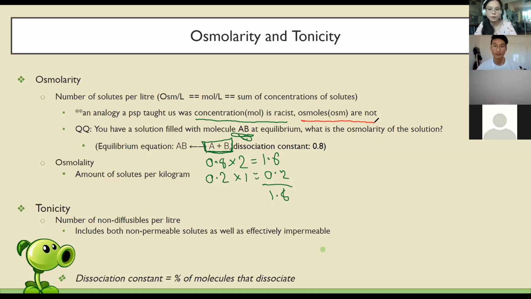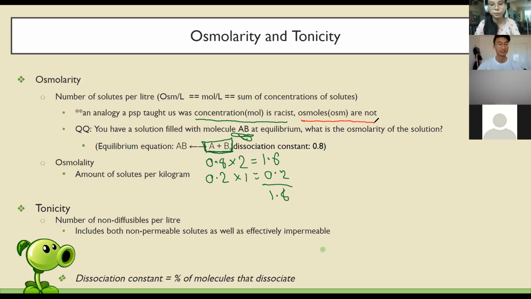I think when you're calculating osmolarity, because it does take into consideration concentration, it would still consider volume, right? Am I wrong? It depends on the word that you use. If it's osmoles, here it's how many osmoles, but if it's the osmolarity, yes, it will depend on the volume.